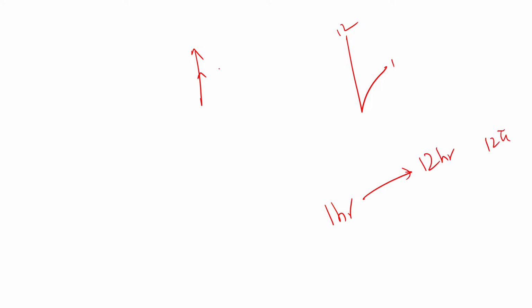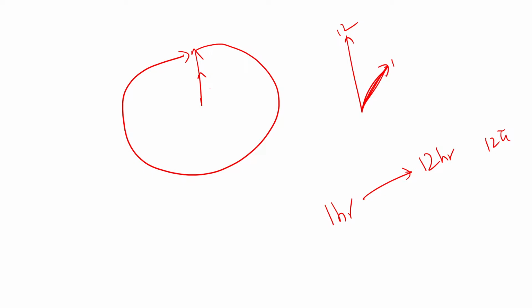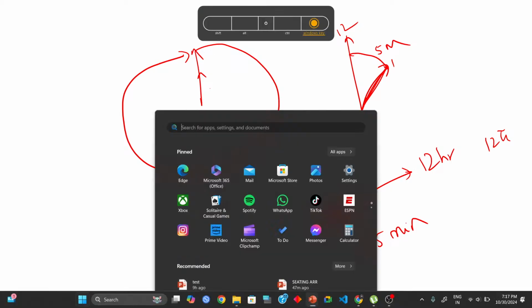But what happens is in 1 hour the minute hand comes back to the same position, but by that time the hour hand is going to be on 1. So if I want to overlap with the hour hand, I have to move 5 more minutes. That means you are not going to get overlapping after every 60 minutes. You are going to get it after every 65 minutes. It is not even 65, it is 65 5/11, but approximately let us take it as 65.